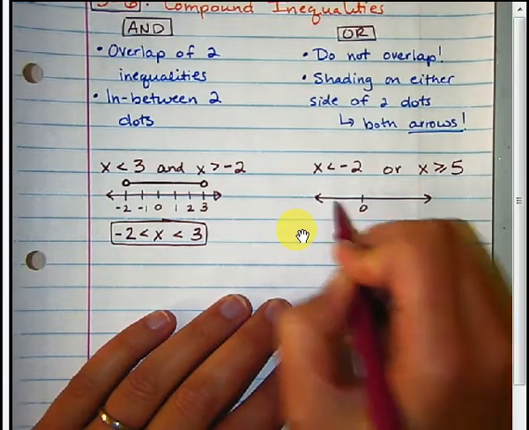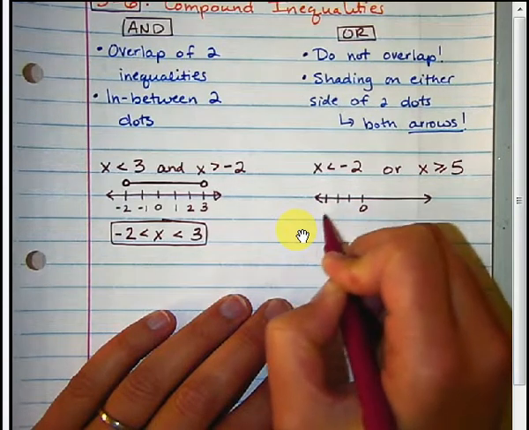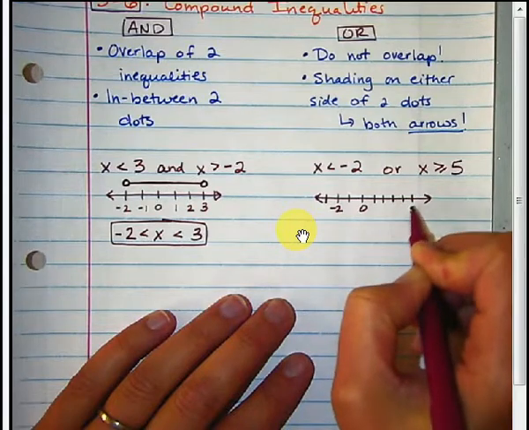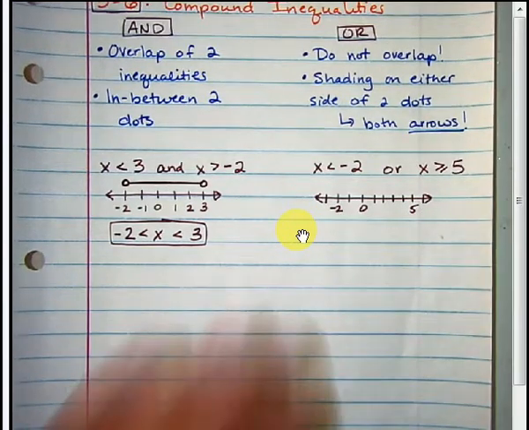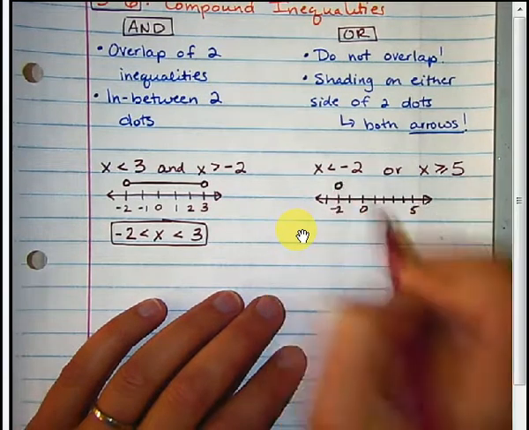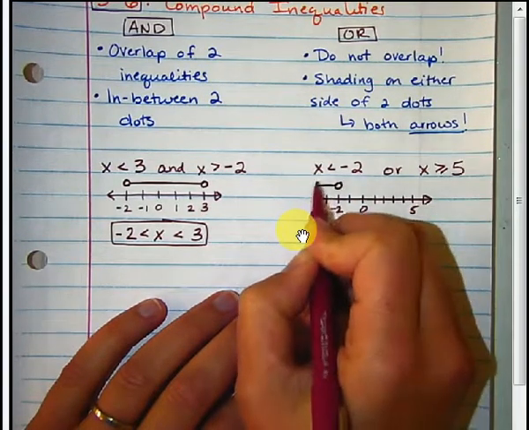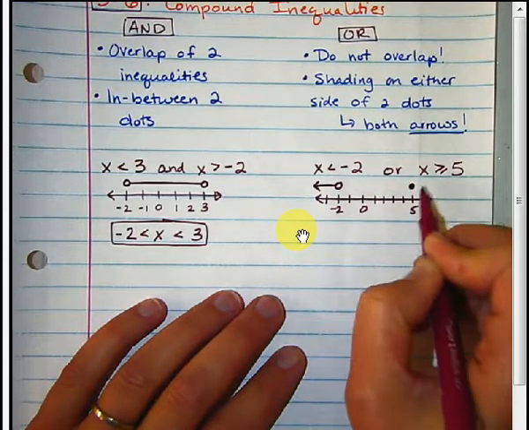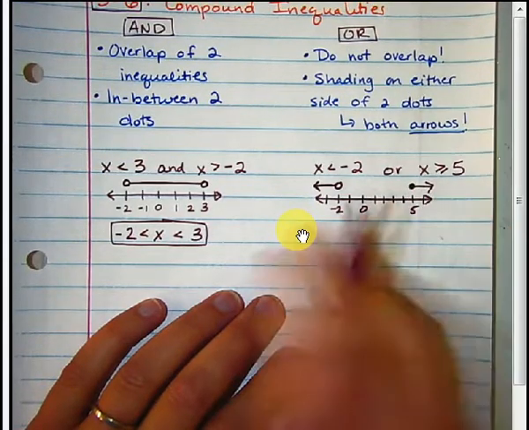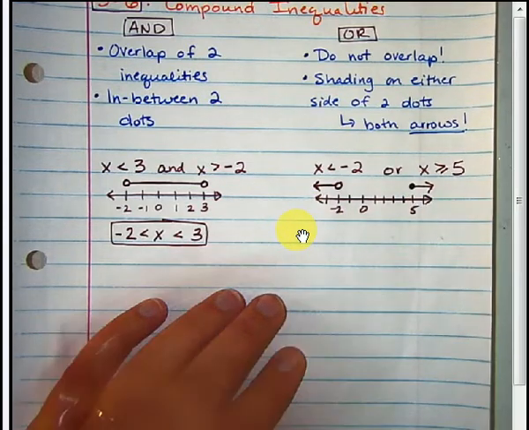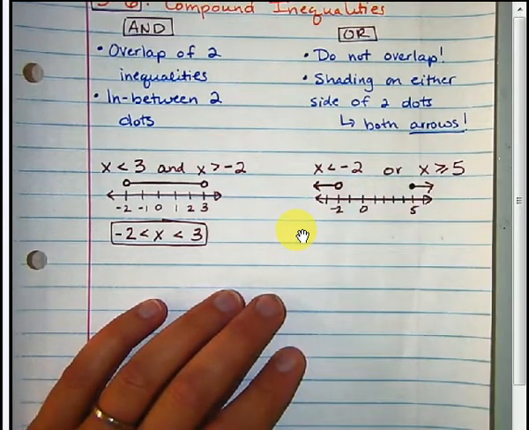Put 0 here, -1, -2, -3, 1, 2, 3, 4, 5. I can fit one more. All right, and you'll just take them one at a time. Open circle at -2, shading this way. Closed circle at 5, shading this way. So you can see there's not a number that will satisfy both. You have an empty space in between.